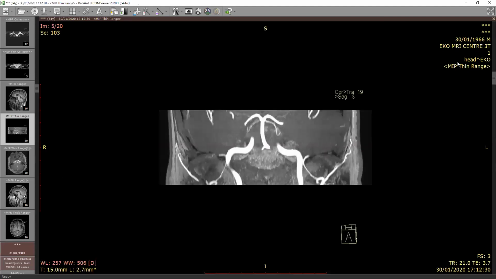You can see here, this is basically an MR angiography, and the advantage of an MR angiography compared to a normal angiography is that MR angiography can be performed without gadolinium. Just because gadolinium is used does not mean that gadolinium does not have any disadvantages.